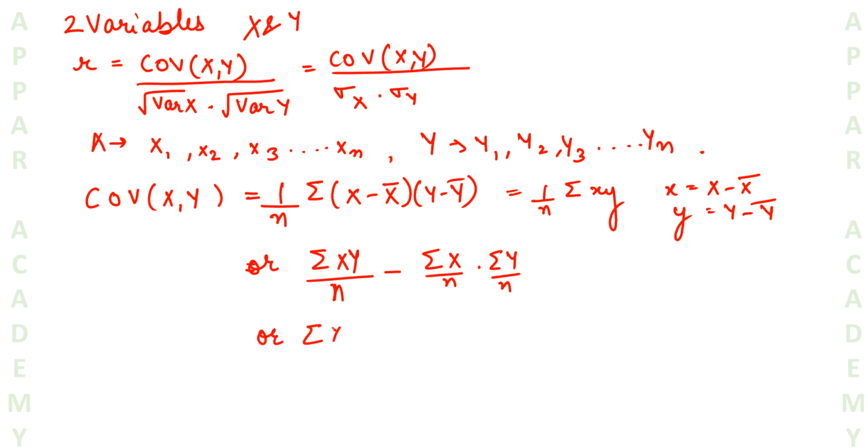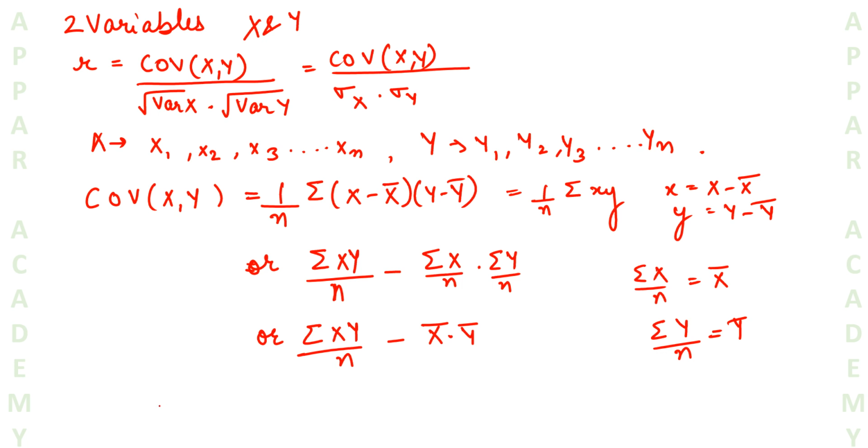Or we can also write it as summation xy upon n minus x bar into y bar, right? Because summation x upon n is nothing other than x bar, and summation y upon n is nothing other than y bar, right? Because this is generally the mean, right? So we have these formulas for covariance.